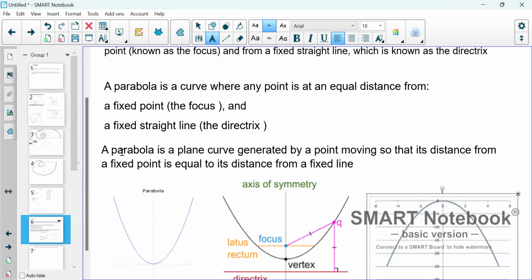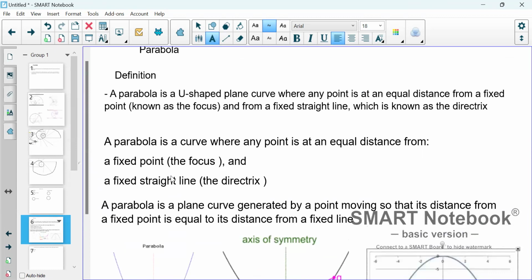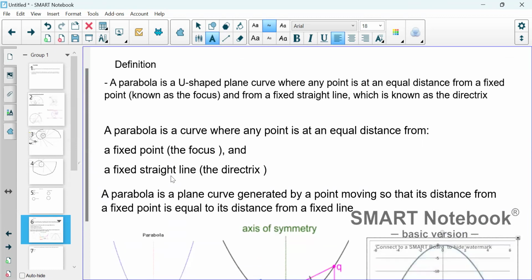Continuing, another definition. A parabola is a plane curve generated by a point moving so that its distance from a fixed point is equal to its distance from a fixed line. Same concept again, just a different explanation, a different wording, right? So those are the definitions or how we can actually say what a parabola is.